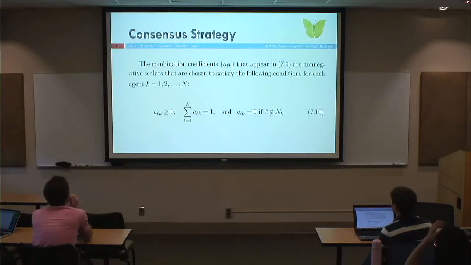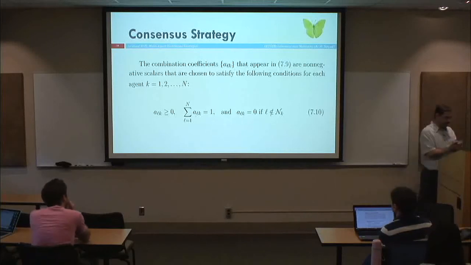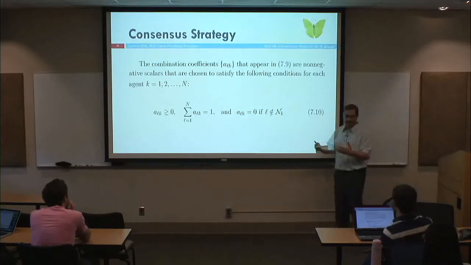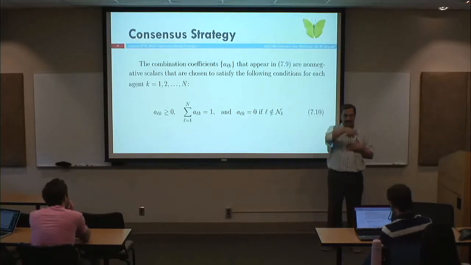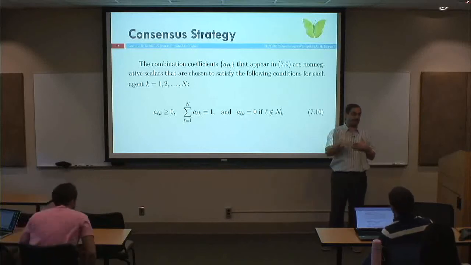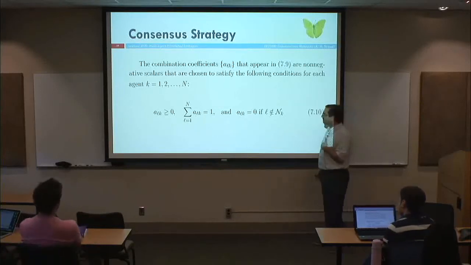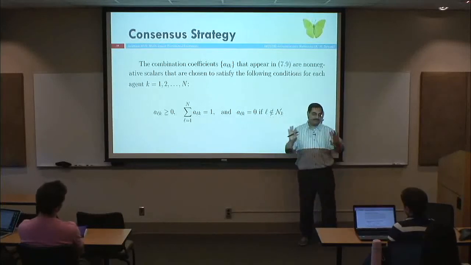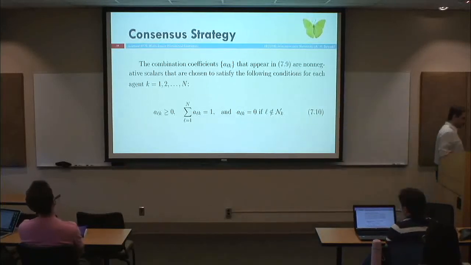Now, the coefficients A that you are using to combine the estimates of your neighbors, these are the A's I talked about last time, the A's over the graph. They are non-negative, they add up to 1. If I'm agent k, I have 5 neighbors. The weights I use with my neighbors will add up to 1, including me, a_kk. And the weight will be 0 if you are not my neighbor. These are the same weights I talked about last time.